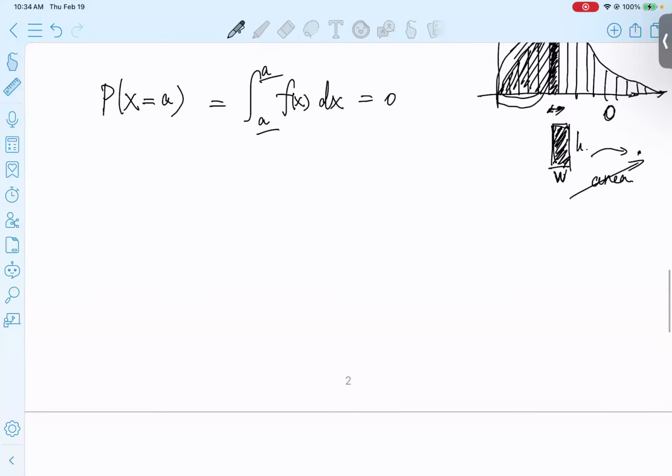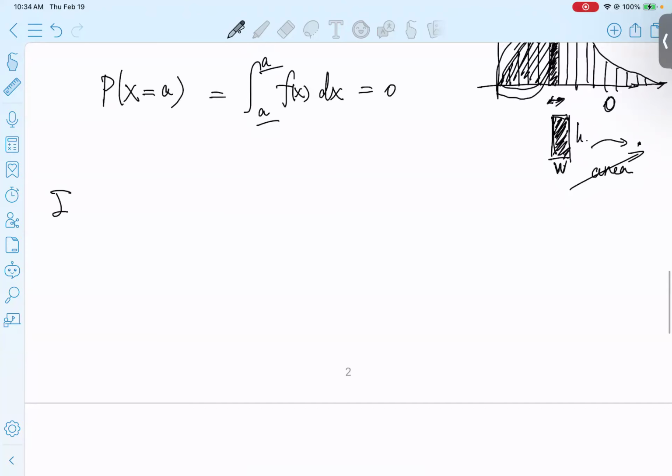Okay, so now let's start with another example. I think we have 15 minutes, so we will be able to. Okay, just one quick example similar to last time, and later on I want to talk about the normal distribution.